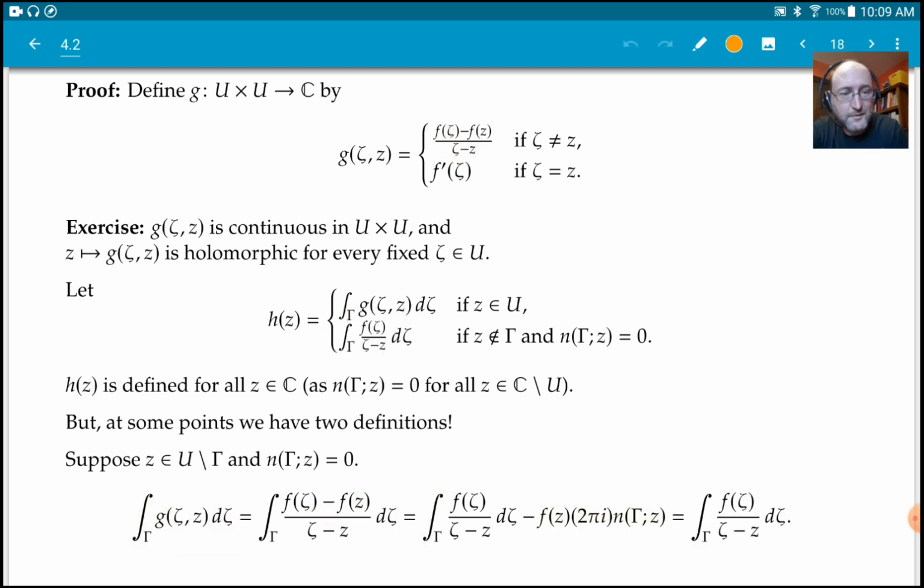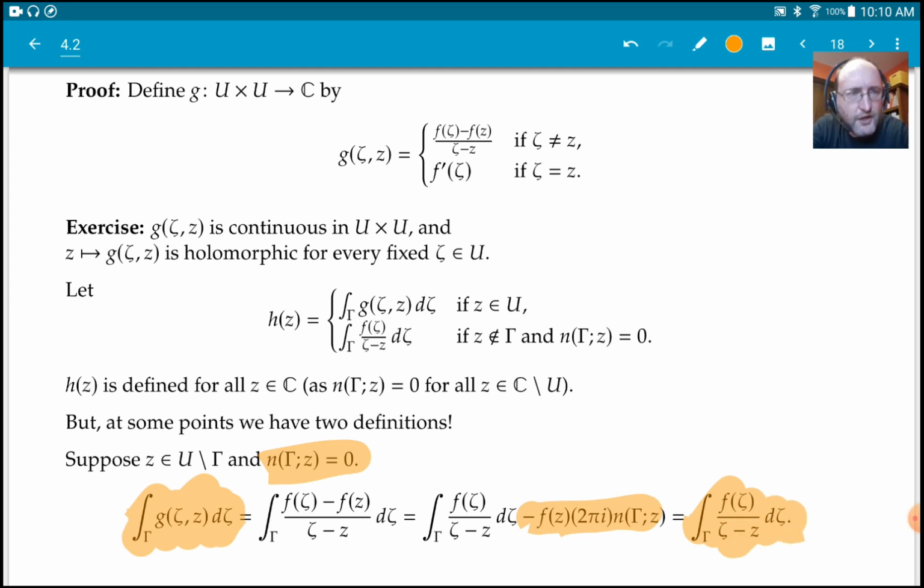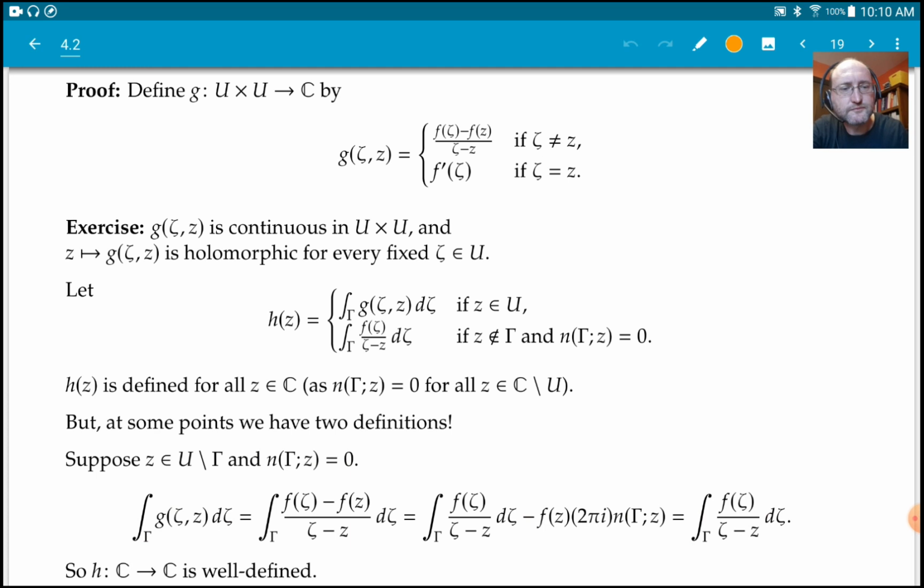Well, but here, the winding number around z of gamma was 0, right? So this whole thing is 0. So that means that this guy is equal to this guy, and we're good. All right. So h is well defined.